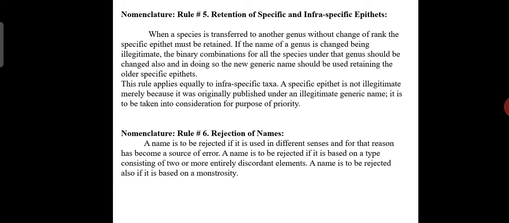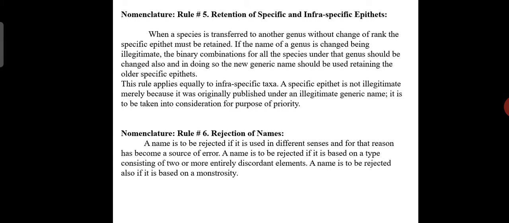When a species is transferred to another genus without change of rank, the specific epithet must be retained. If the name of a genus is changed, being illegitimate, the binary combinations for all the species under that genus should also be changed, and in doing so the new generic name should be used, retaining the older specific epithets.